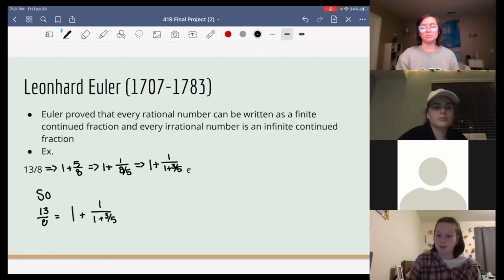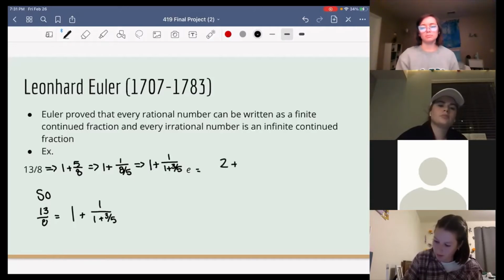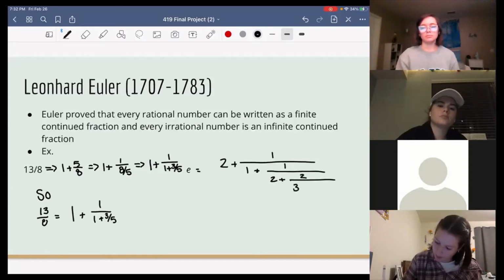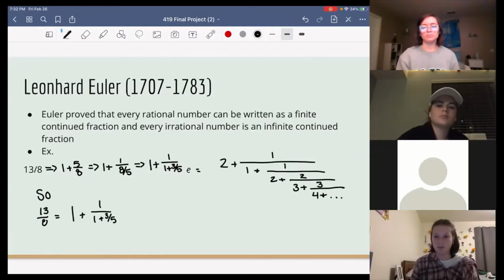But e, however, is an infinite continued fraction, making it equal to 2 plus 1 over 1 plus 1 over 2 plus 2 over 3 plus 3 over 4 plus, and so on and so forth.